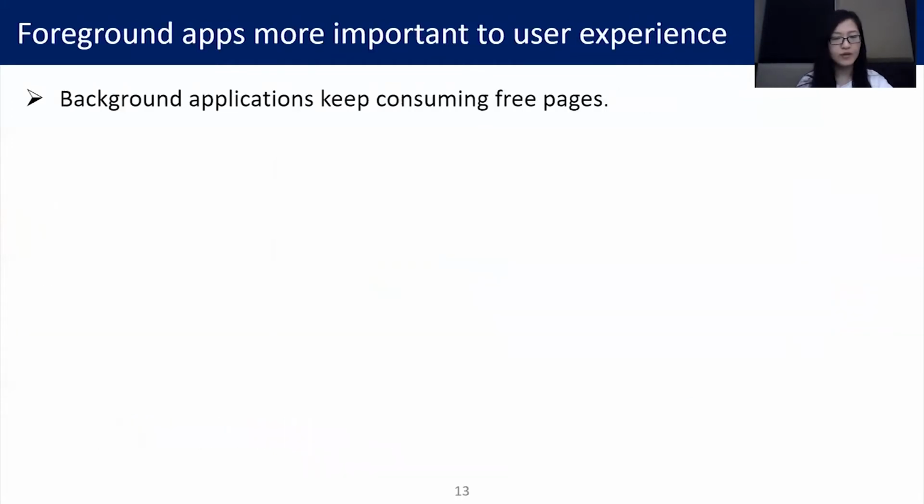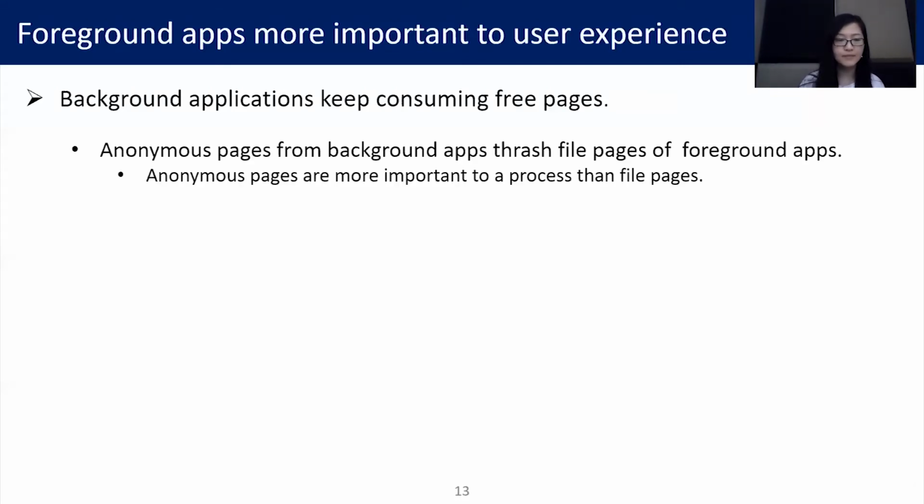The second characteristic: foreground applications are more important to user experience on mobile devices. However, we found background applications are still active, and background applications keep consuming free pages. There are two reasons. First, anonymous pages from background applications thrash file pages of foreground applications.